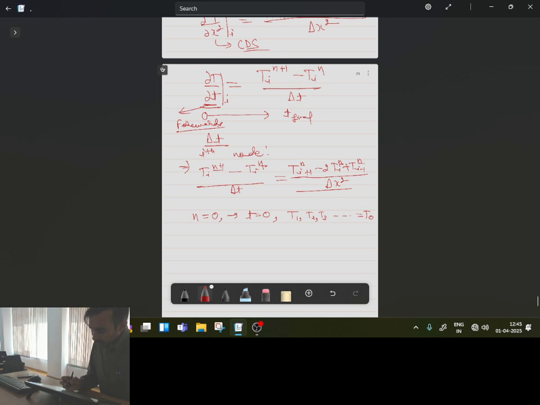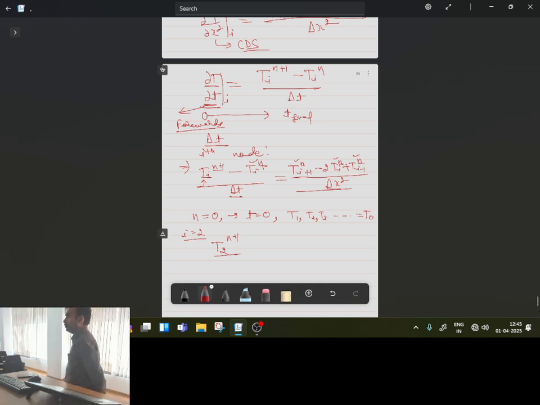So all these temperatures are now known to me. Delta x I have decided, delta t also I have decided. By knowing all these temperatures, if I apply this equation for node number 2, I can calculate the value of T2 at time level n plus 1.